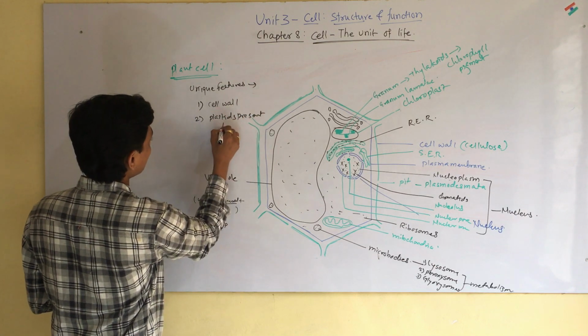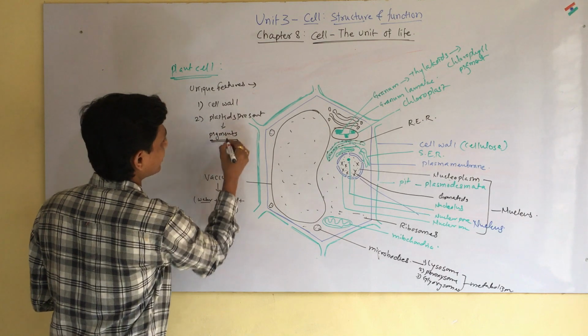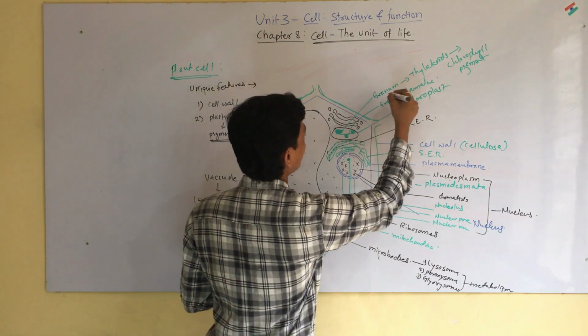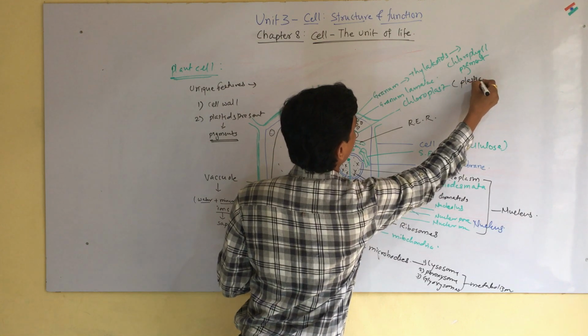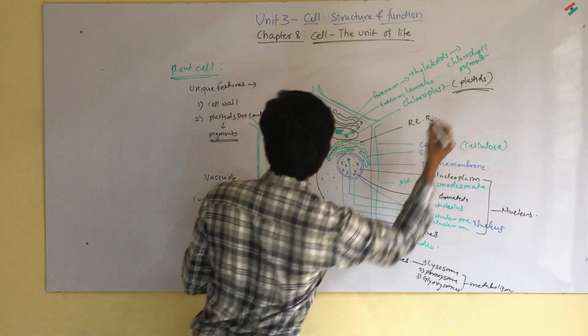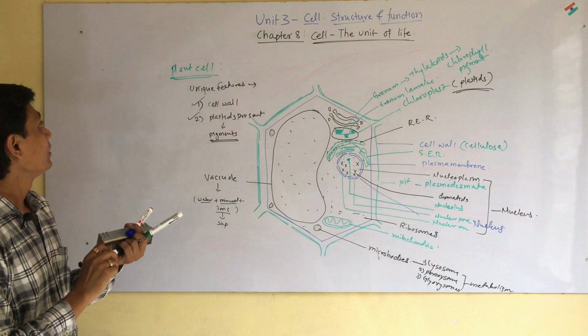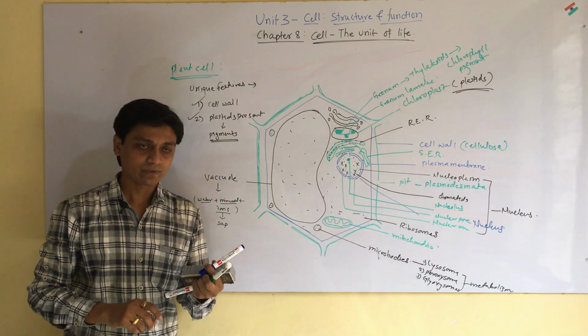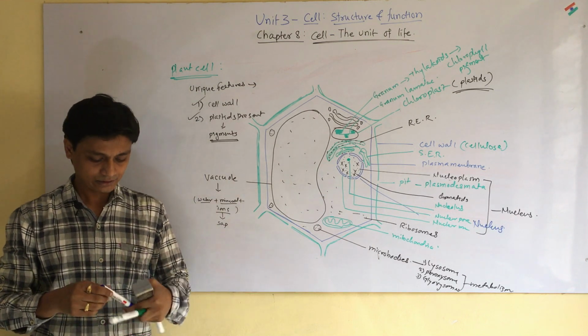Plastids are nothing but the pigments. Chloroplast is a plastid. These are the two unique features present inside the plant cell. This is all about the plant and animal cell structure.